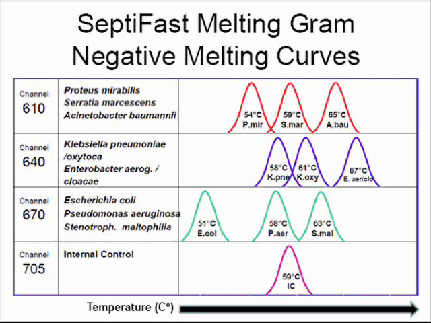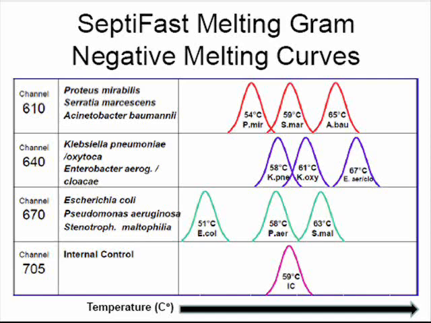These are the DNA melting curve figures for the Septifast system. We will focus on the second row, which has a detection wavelength of 640 nanometers. The x-axis here is temperature in Celsius. These peaks are the melting curves based on fluorescence via FRET.